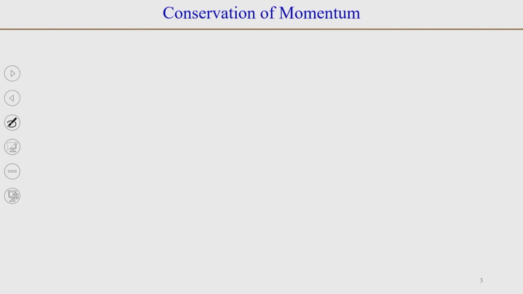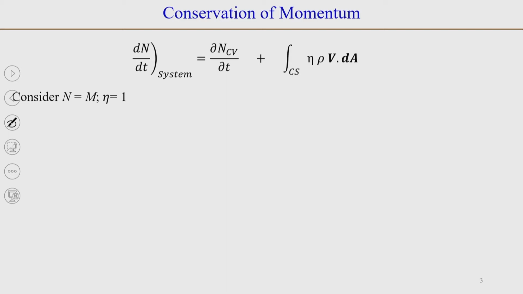So, let us try to apply this to derive the mass conservation equation. When we want to derive the mass conservation equation, we will consider that n is equal to m or mass, and correspondingly eta will become m over m, which gives us 1. So, eta is 1 and n is equal to capital M, and let us substitute it here.